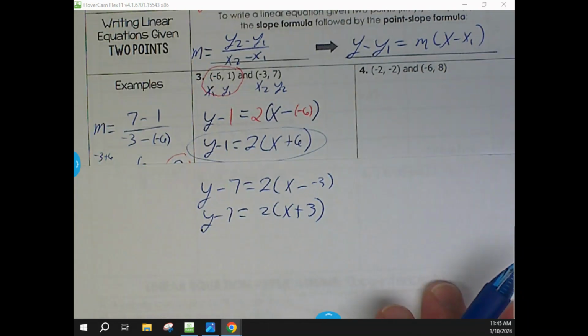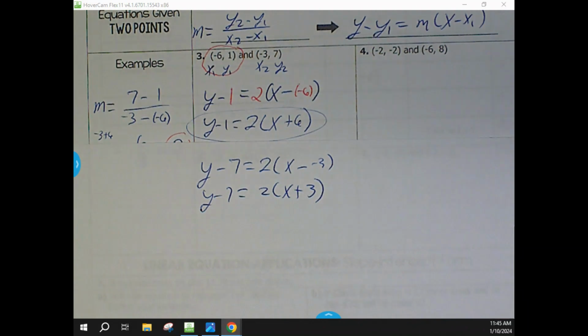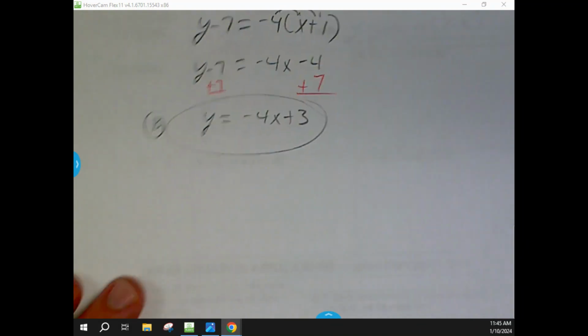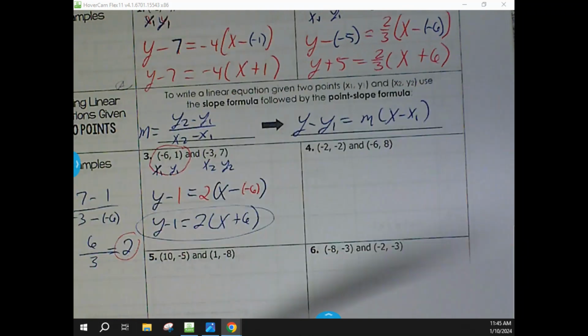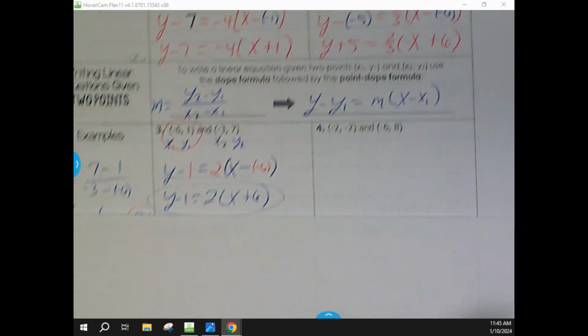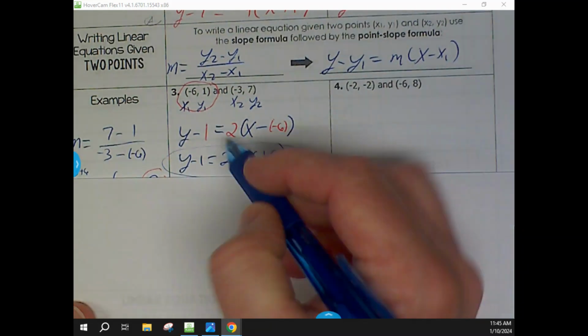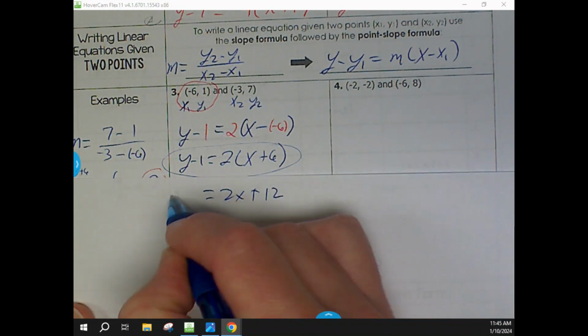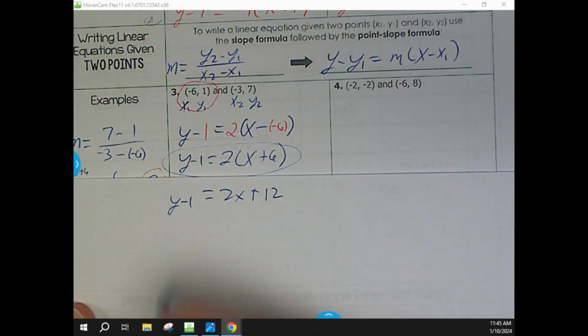And you may be saying, well, how can there be 2 correct answers? Well, if we did like we did back here, where we took this and used the distributive property and worked this part out, you get the same answer. And again, you don't have to write this down, just watch it and be okay. If you do 2 times x and 2 times 6, then we're going to add 1 to both sides.